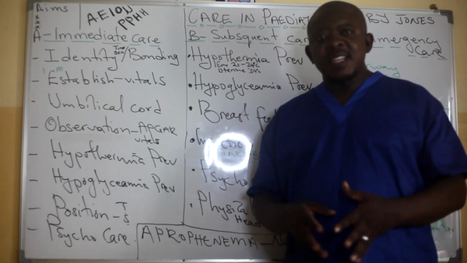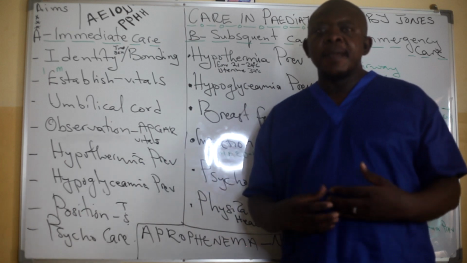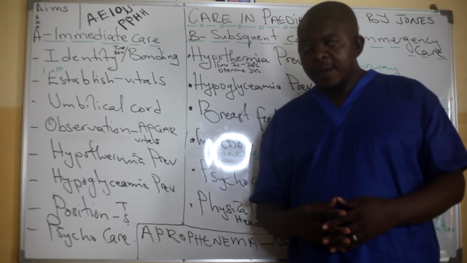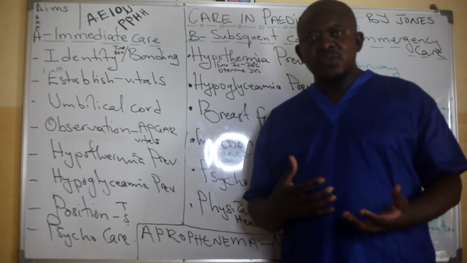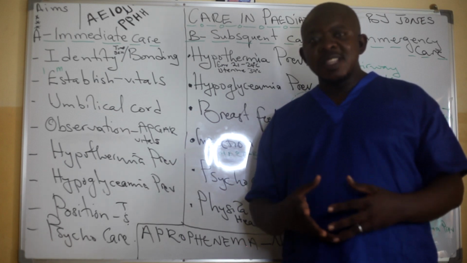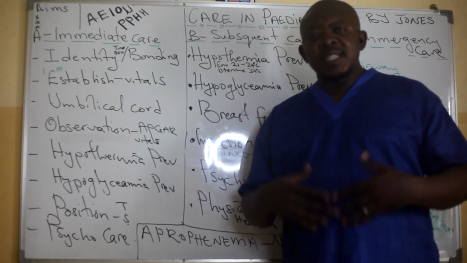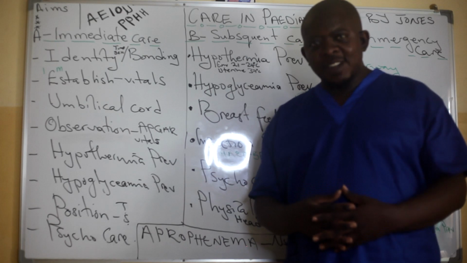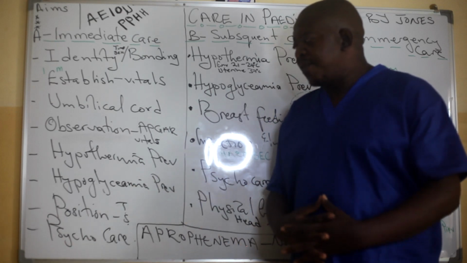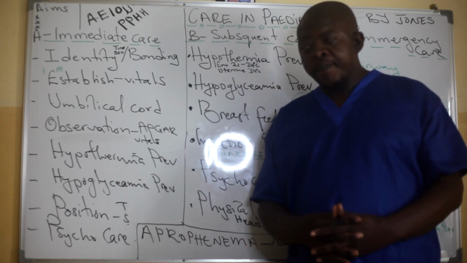But otherwise, in other settings, the baby is also given a vitamin K injection. So encouraging the mother to breastfeed also allows for proliferation of normal flora within the GIT, so that vitamin K can be manufactured. But our main concern here is preventing hypoglycemia.